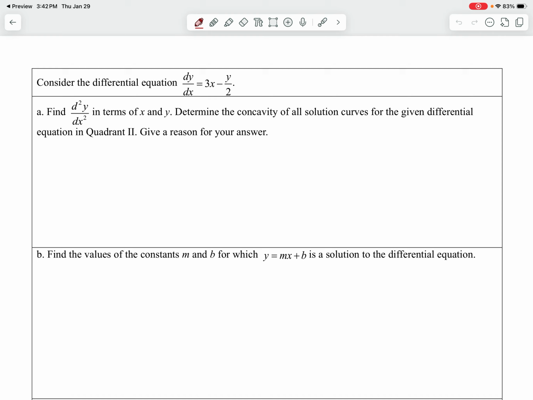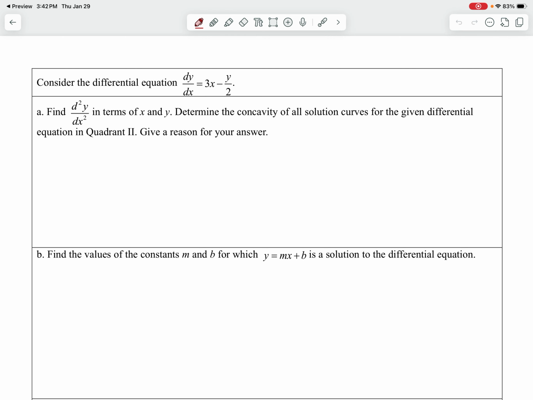I have never been so stressed grading an FRQ until today, because these questions were not that hard. Now, the only hard one that I would say would probably be part B, because most of us didn't get that one.